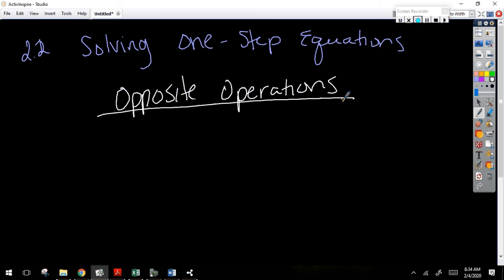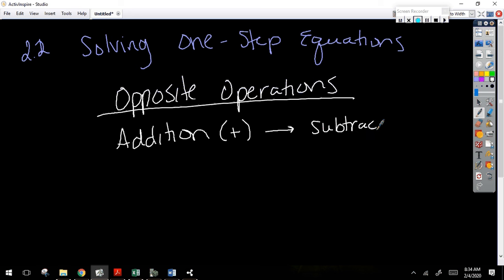I'm sorry. What is the opposite of addition? Subtraction, right? The opposite of addition is subtraction, and this goes both ways.